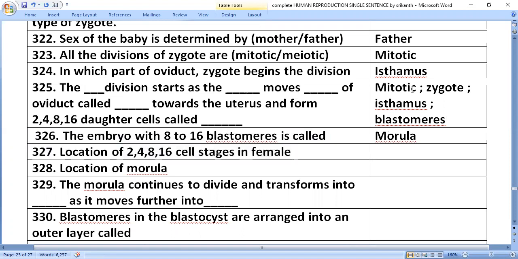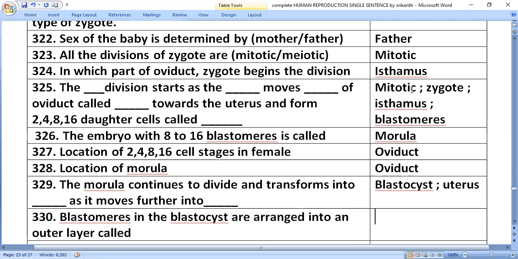Location of the 2, 4, 8, 16 cell stages in the female: in the oviduct. Location of the morula itself: in the oviduct, isthmus. The morula continues to divide and transforms into a blastocyst, and it further moves into the uterus.